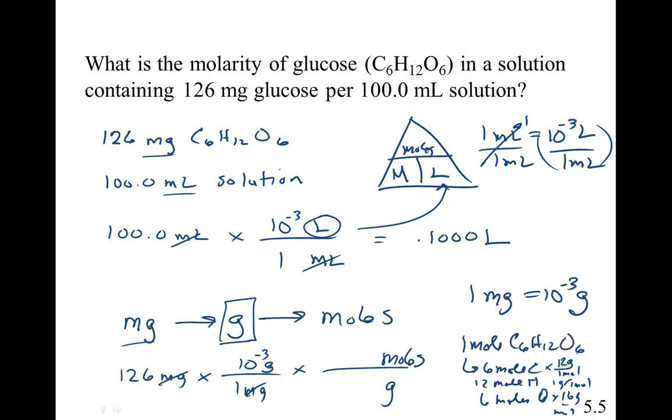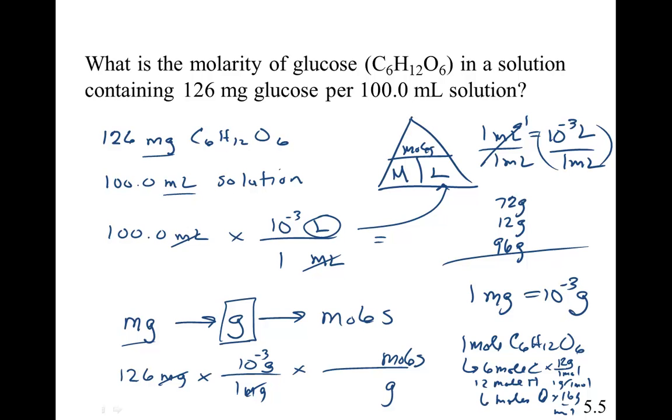All right. So 6 times 12, let me erase this up here so we've got some room. 6 times 12 is 72 grams based on the carbon. 12 times 1 is 12 grams based on the hydrogen. And 6 times 16 is 96 grams based on the oxygen.